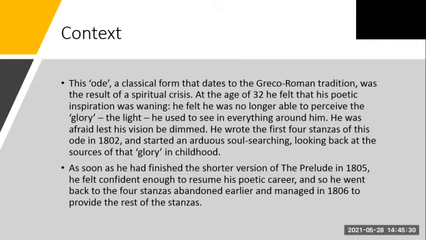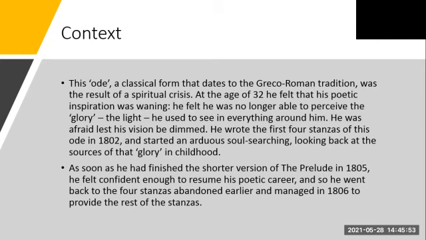What is the context of the poem? Any text must have a specific context, سياق. What is the context? Now, this ode, and we will define the ode later in detail.